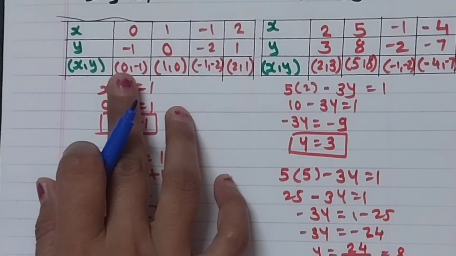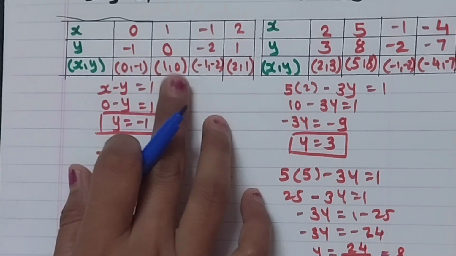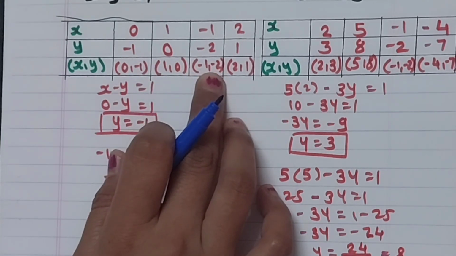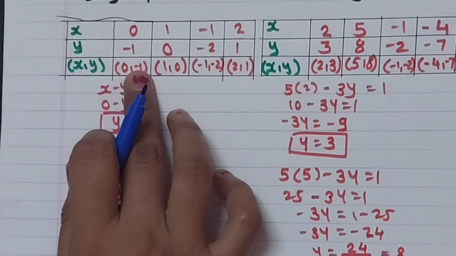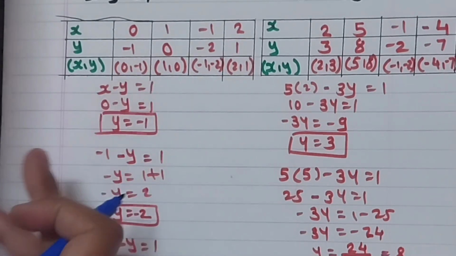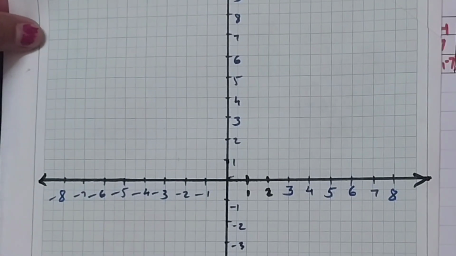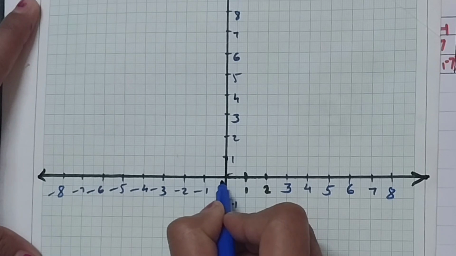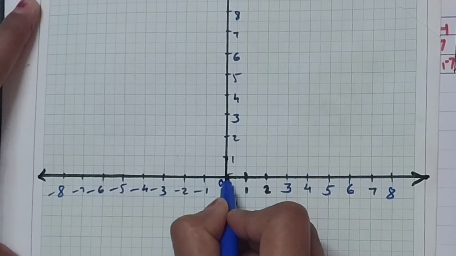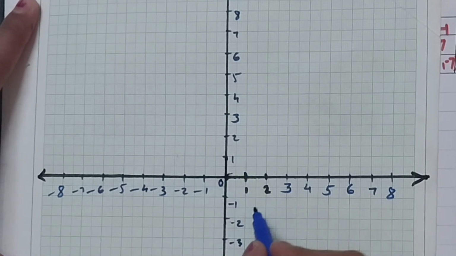The points are 0, -1, 1, 0, -1, -2 and 2, 1. So we plot the first point 0, -1 on the graph paper. X is 0 and y is -1.